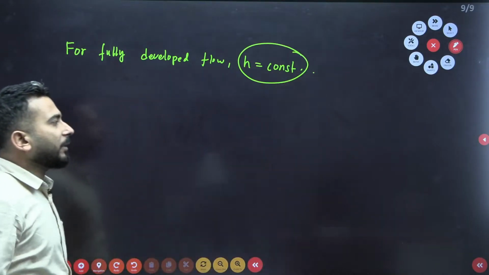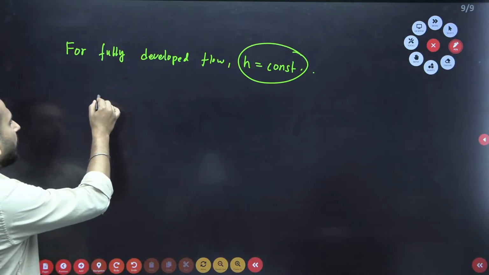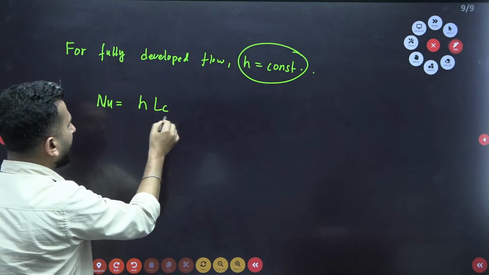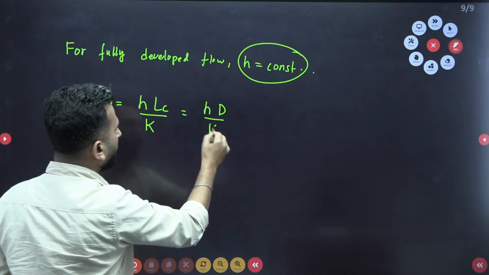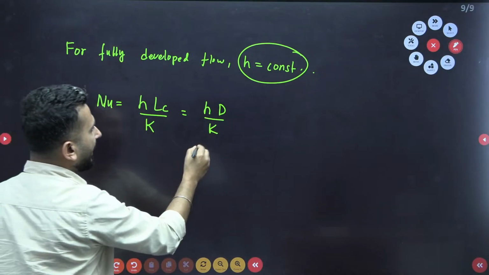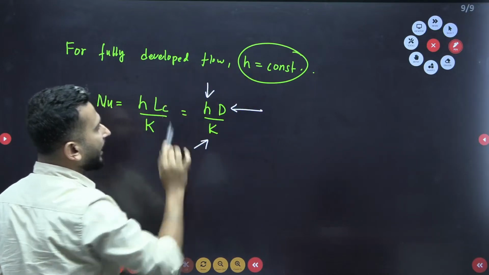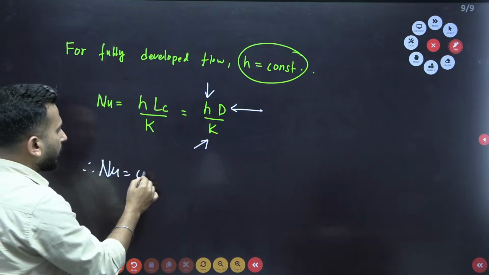So what is Nusselt number? Nusselt number is h Lc by k. Lc in this case will be diameter, so hD by k. K is constant, D is constant, and for fully developed flow h is also constant. So can I say that Nusselt number is also constant?